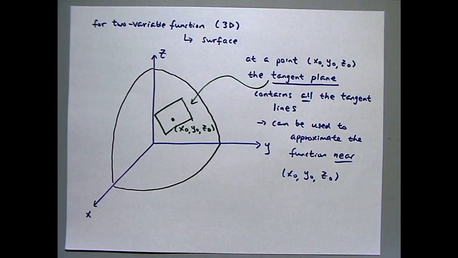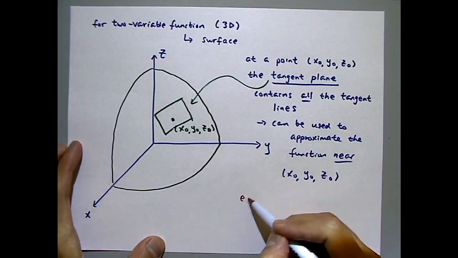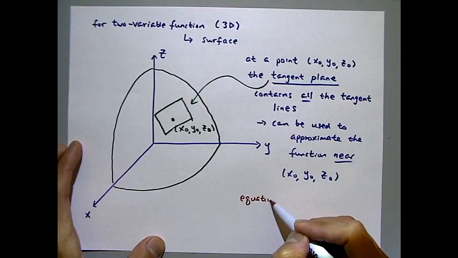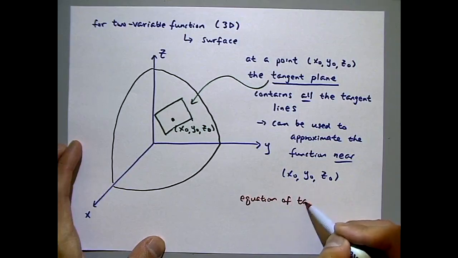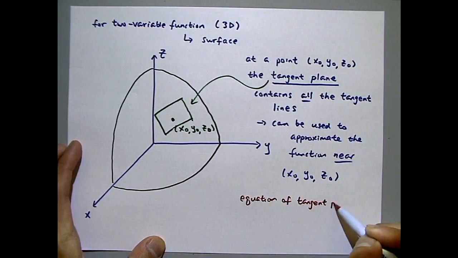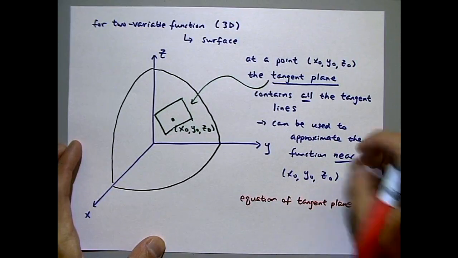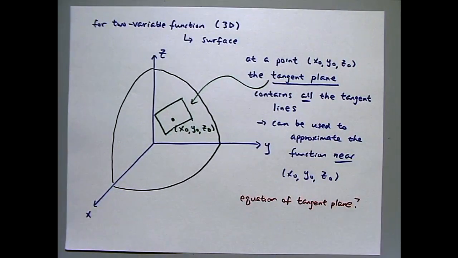So the first question we need to answer is, what is the equation of that tangent plane? Once we have the equation, we can deal with it the same way we use the tangent line. Okay, so that's the very first question we want to answer. Let's go back to the graph here.